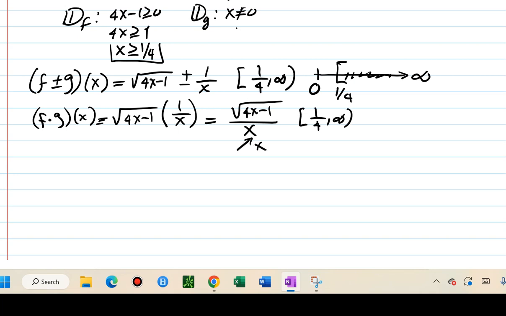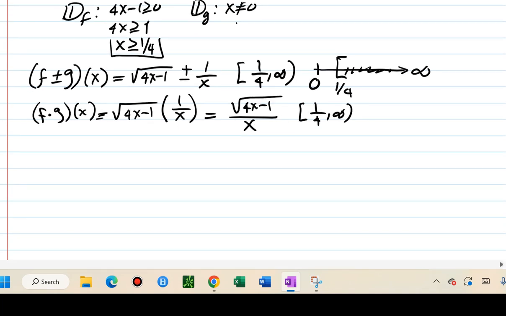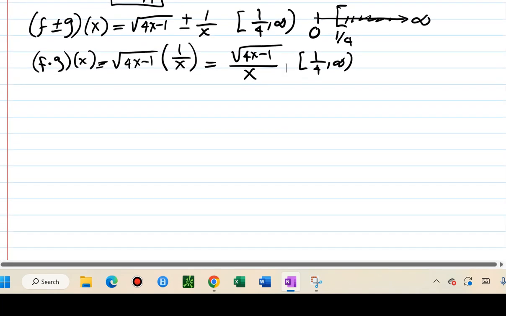We know here x cannot be 0, but this interval doesn't include 0 anyway, you see up here? So we acknowledge it, but there's no reason to account for it here, because 1/4 to infinity already excludes 0, right? It's not in that interval. Let's look at f divided by g of x.